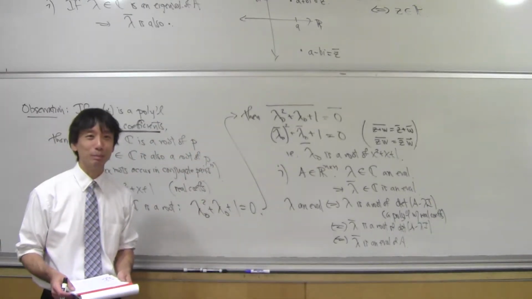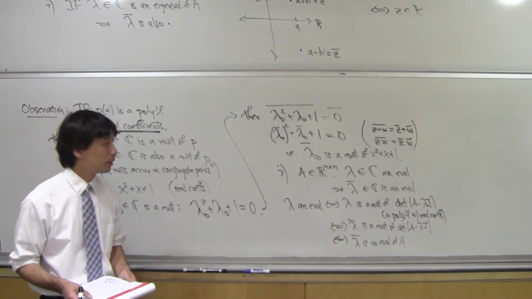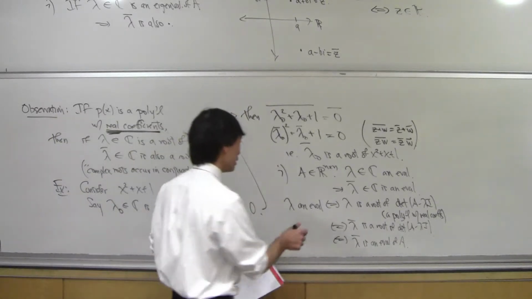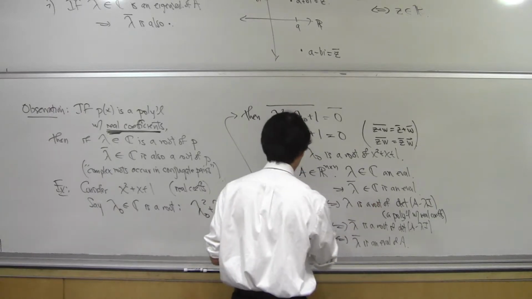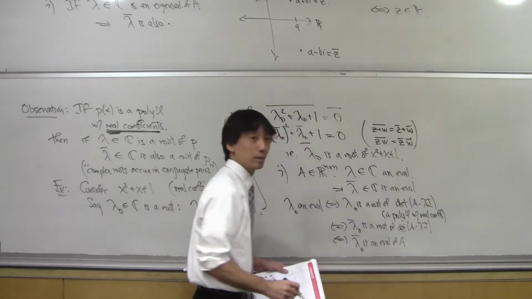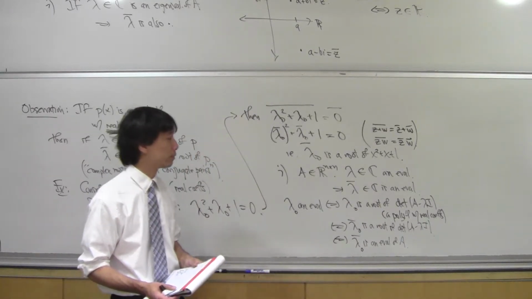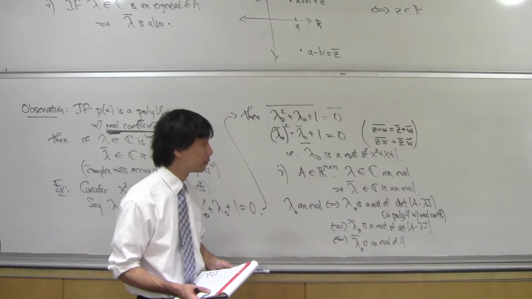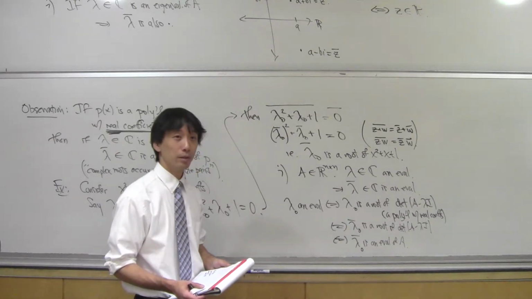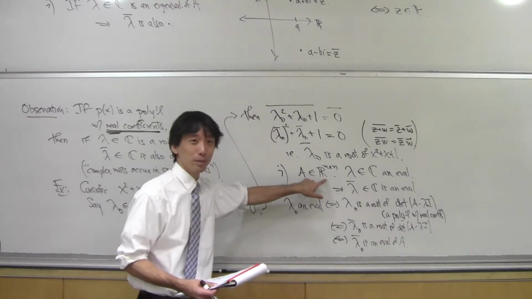How about you looking skeptical? It says that the determinant of A minus lambda I is always a polynomial with real coefficients. Sorry, it's very bad notation. Is it always the case that the determinant of A minus lambda I will be a polynomial with real coefficients? What if A had a complex number? A is a real matrix.